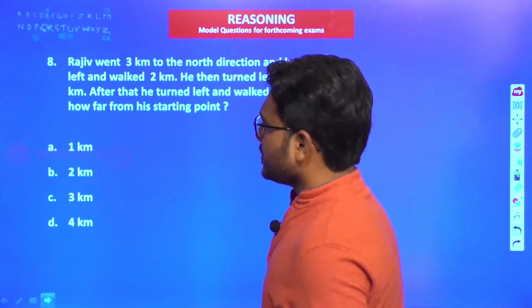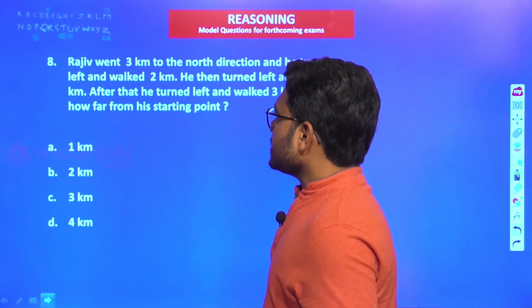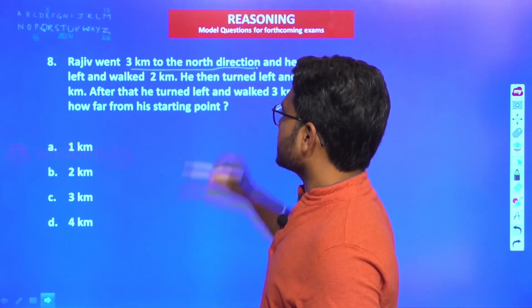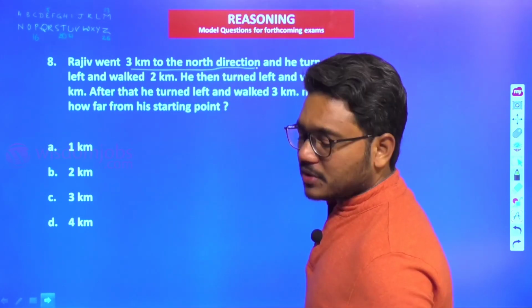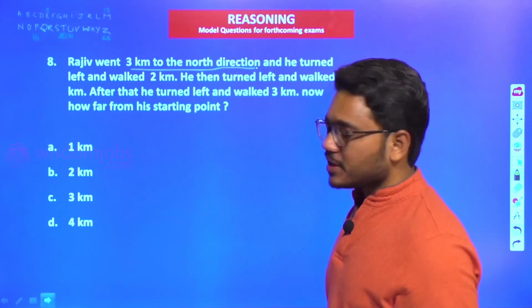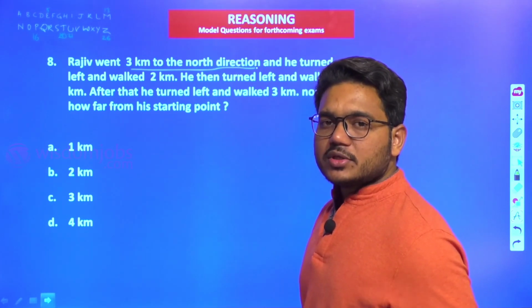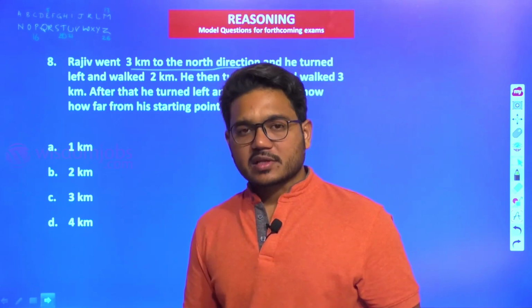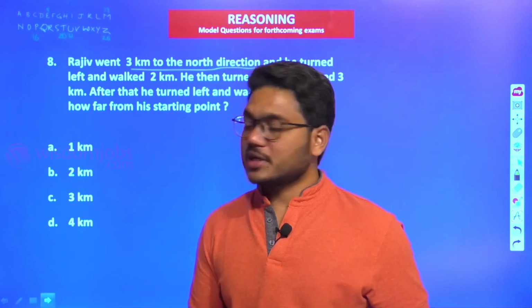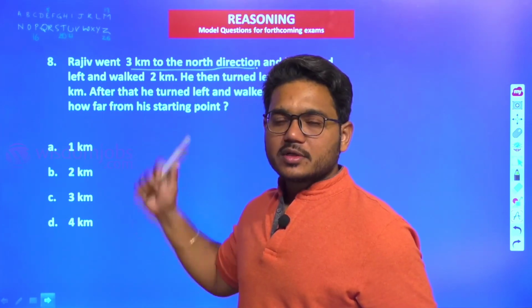Now, what is given here? Rajiv went 3 kilometers to the north direction. Immediately after realizing which part of the reasoning it belongs to, you need to try to put things clearly: what exactly is required to solve that particular problem.